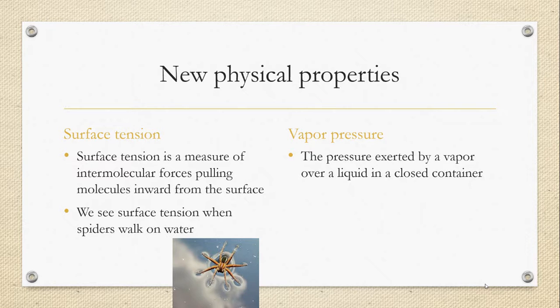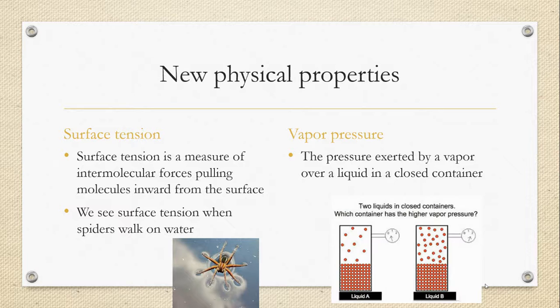On the flip side, we have vapor pressure, and that is the pressure exerted by vapor over a liquid in a closed container. So basically, these are supposed to represent two liquids. And what happens is, even if we're not at the boiling point, there are some molecules that will escape being a liquid and will enter the gas phase.